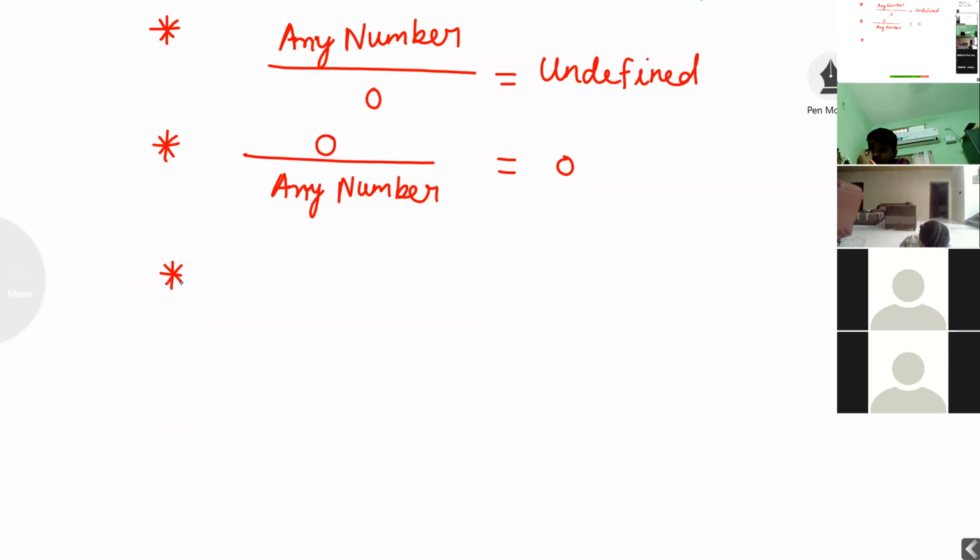Suppose A is a number, A divided by A. If both numbers are same, I am doing division operation, then answer will become what? 1. Where A is any number.